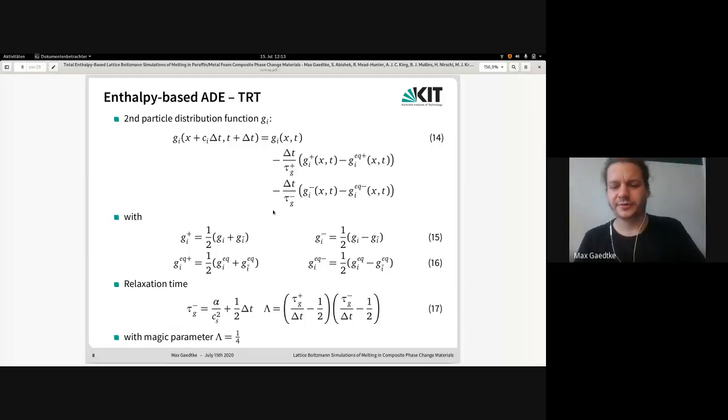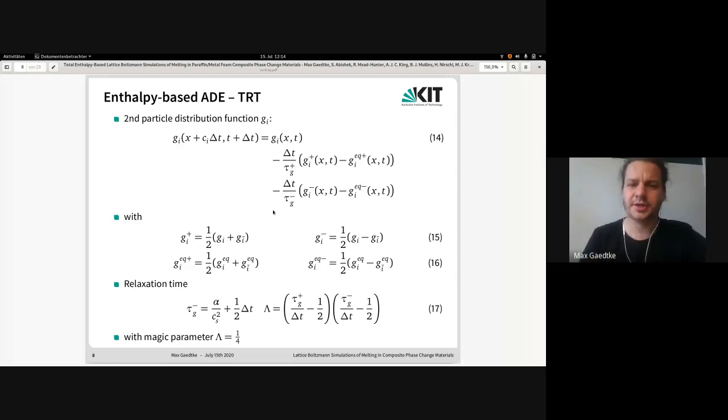When looking at our first results, we saw that the BGK algorithm introduces a lot of diffusion at the interface from liquid to solid material, and Huang et al. proposed to use an MRT scheme for that. However, their MRT scheme is not trivial to extend to 3D, so we propose a TRT scheme, which is much easier to apply from 2D to 3D.